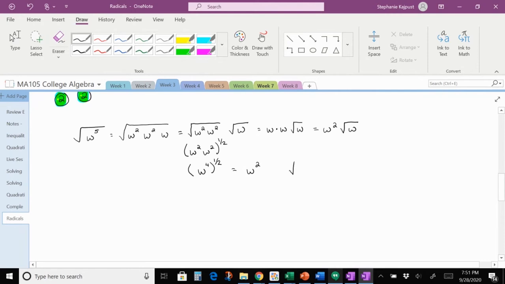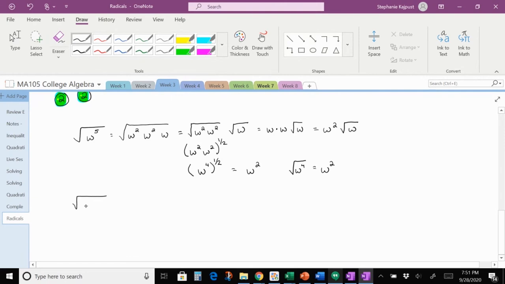So the square root of w to the 4th is w squared. The square root is literally dividing exponents by 2. So anything that is squared, you can group it so that it has an even exponent, and then you're literally dividing that exponent by 2.